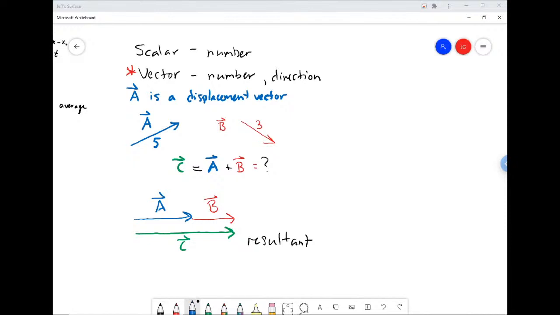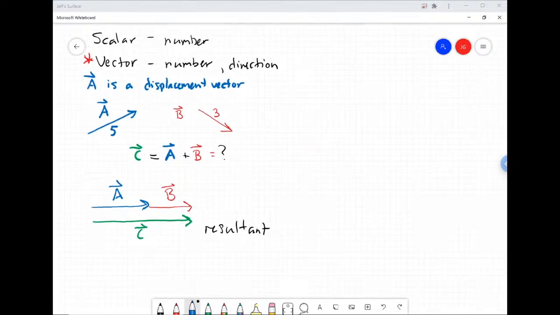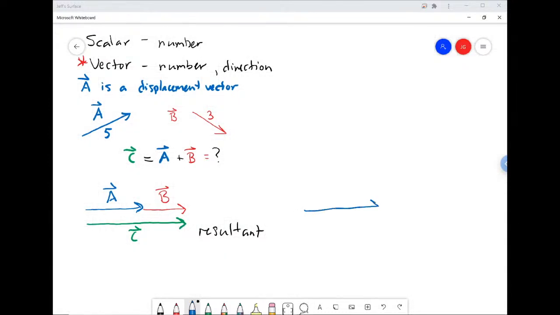But maybe B points in the opposite direction. Maybe A points like this, but then B is coming back the way you came. In this case, C would look something like that. Sorry, let's try that again. In the first case, where A and B both point in the same direction, we say A and B are parallel.